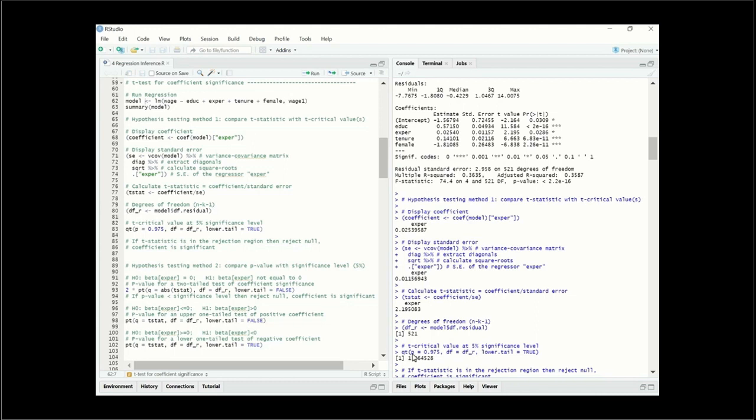P is actually the p-value that we're going to be using here, 0.975. So this is the remaining of 0.025. Here we would be calling those degrees of freedom that we calculated above, so n minus k minus 1, and lower tail equals true.